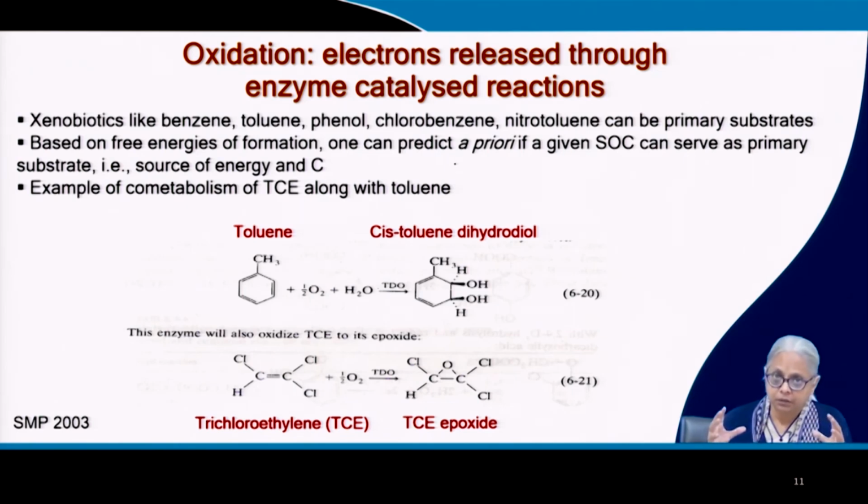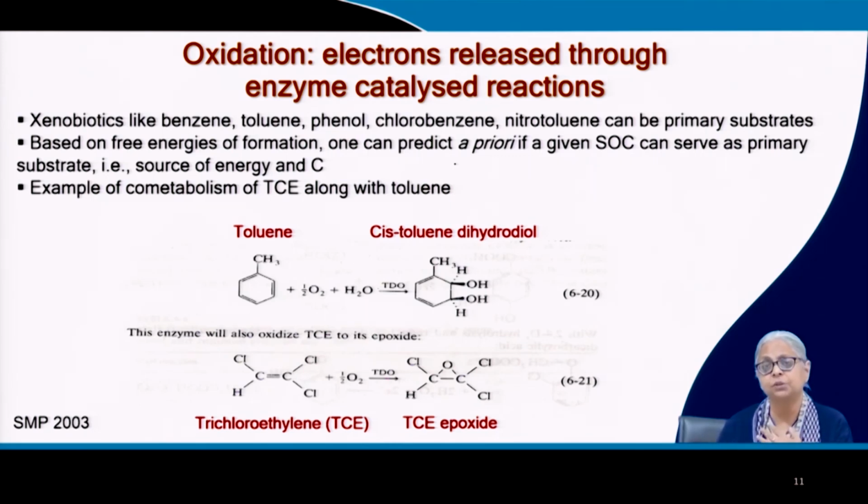You can create those half reactions on your own based on your understanding of thermodynamics and what we have gone through. So once you know your electron acceptor, once you know the free energy of formation of your SOC, you can write the half reactions, make oxidation reduction reactions, and then answer the question: is it thermodynamically favorable for this compound to be utilized as a primary substrate by bacteria?